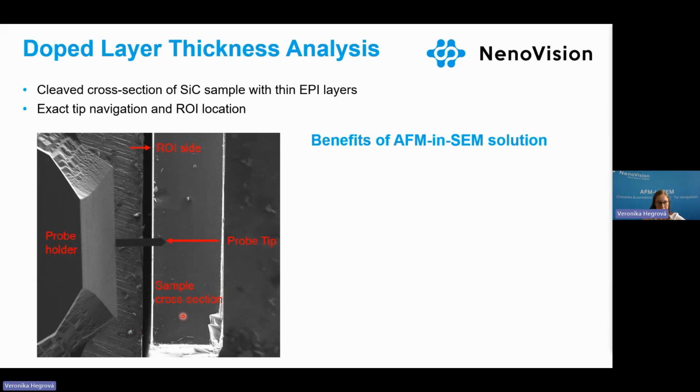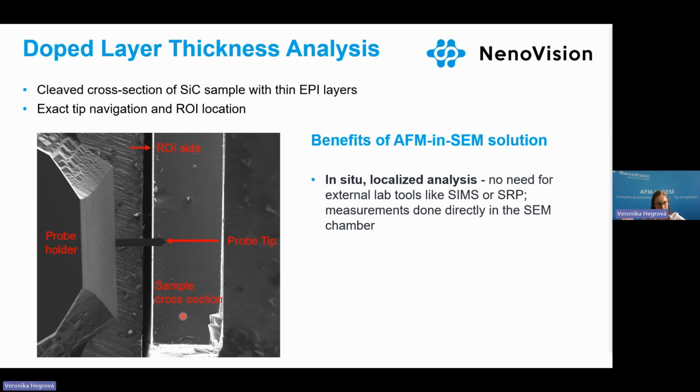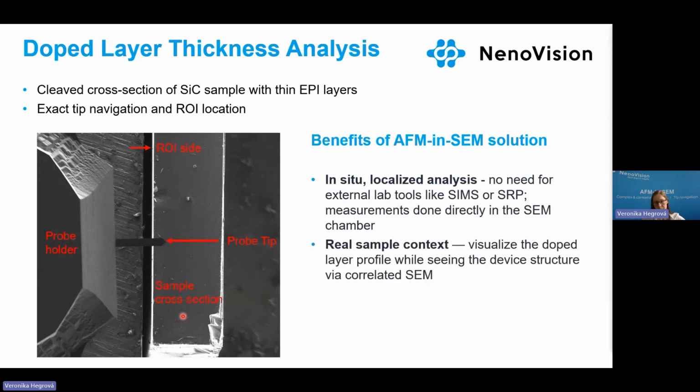The benefit of such a solution is that we can analyze in situ and we don't need to use external lab tools like SIMS or SRP. We can directly put the AFM inside the SEM chamber and measure. We can understand the real sample context.